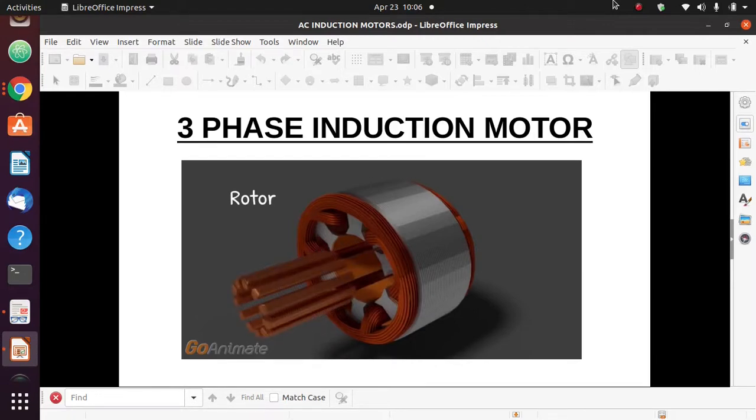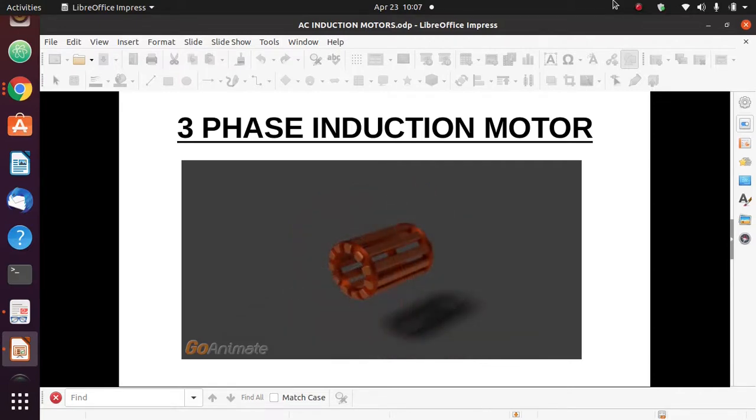Conductors are heavy copper or aluminum bars, and they are short-circuited by end rings, which fit in each slot. Initially, when the rotor is at standstill, the flux of the rotating magnetic field cuts every solid conductor of the rotor.